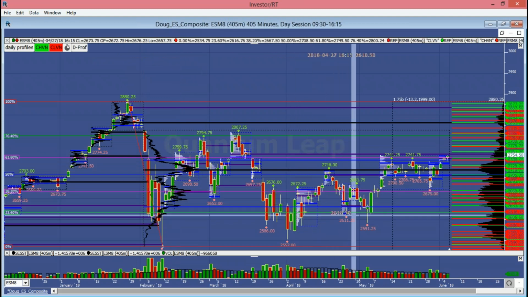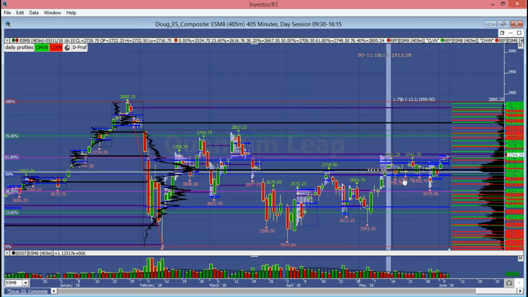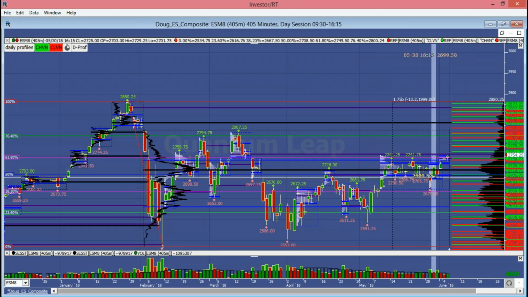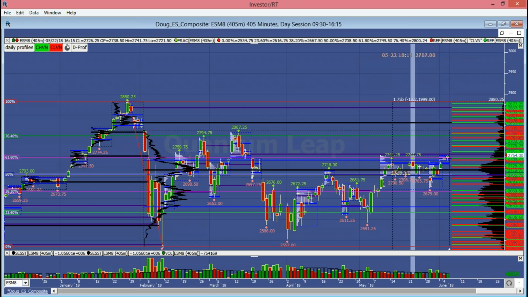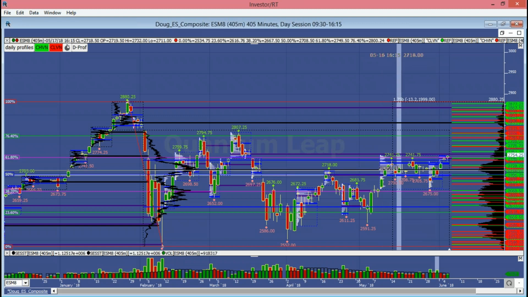And we're just chopping through. We test both sides of it. And we come up and we create this new balance area up here. And the microcomposite in the beginning was down here at the 2607 75, the VPOC. But then we come up and we just chop in here.